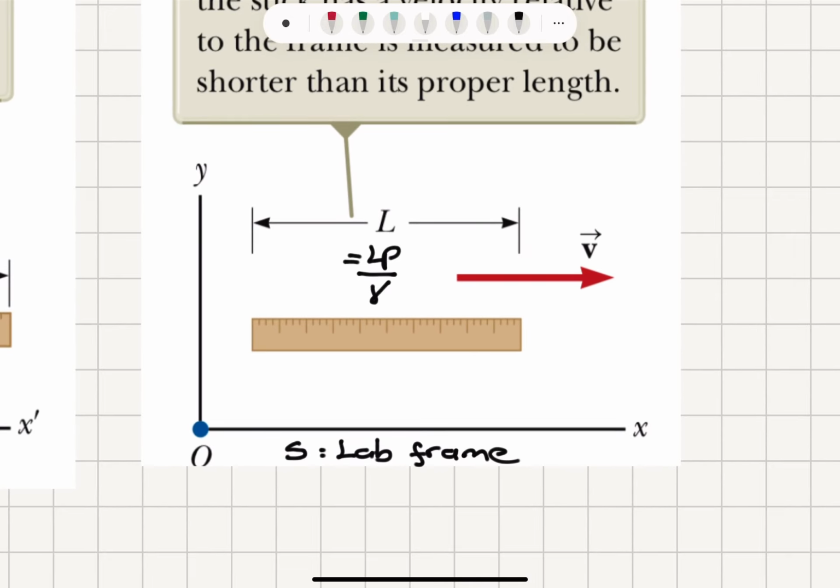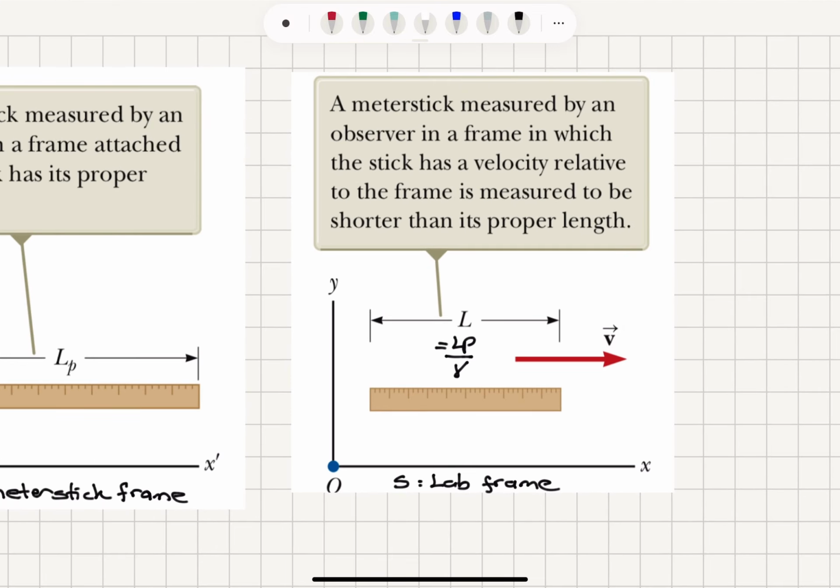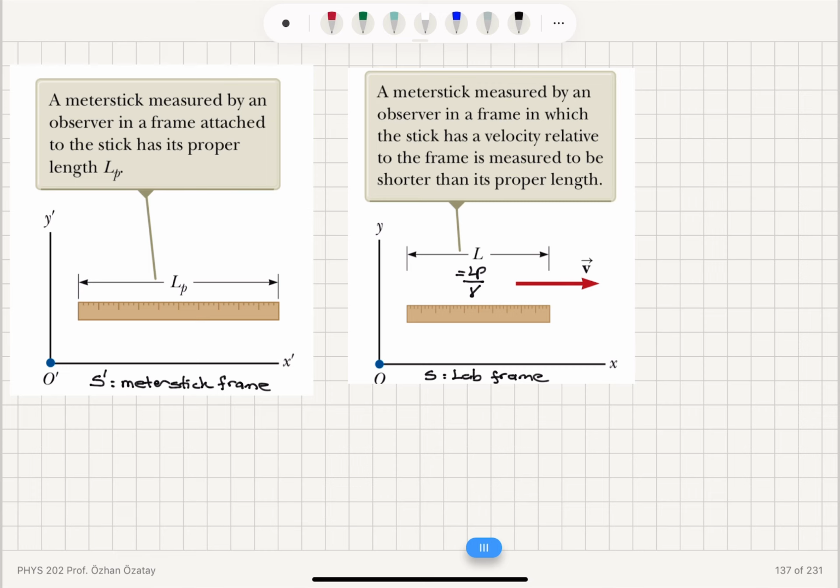If the meter stick starts moving with a relative velocity v with respect to the lab frame, a meter stick measured by an observer in a frame in which the stick has a velocity relative to the frame is measured to be shorter. How much? The proper length divided by gamma. So the lab frame observer, because he sees the two ends moving, will measure a length that is Lp divided by gamma. Okay, so this is the length contraction effect.